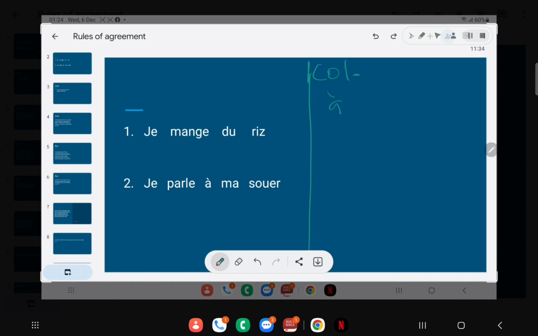Now, there is a specific set of pronouns used when handling indirect objects, when handling the complément d'objet indirect. Those pronouns are, follow me, you have me, te, lui, nous, vous, leur.